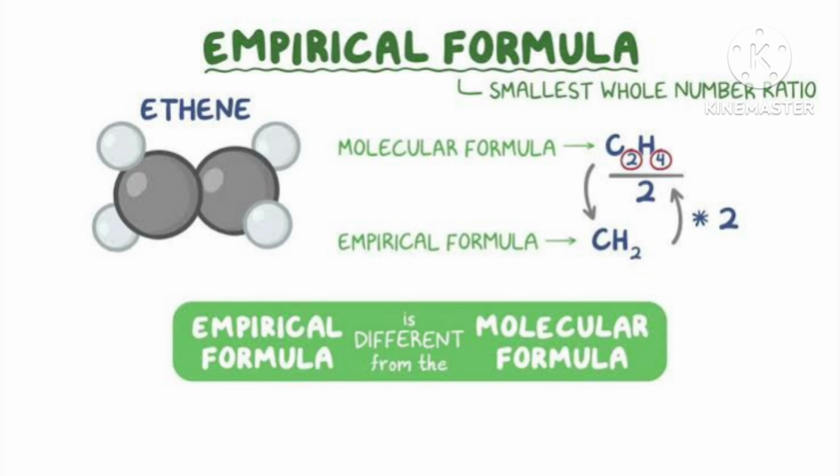The formula of the crystalline salt is, four options are given. First, Na2SO4 5H2O. Second, Na2SO4 7H2O. Third, Na2SO4 10H2O. And fourth one is none of these. Okay, now you have to answer.